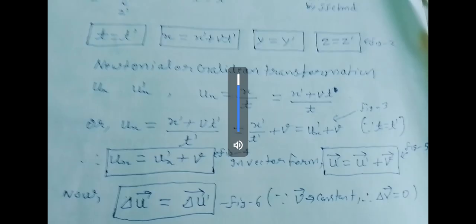So we can write u sub x equals u sub x dash plus v as given in figure 4, and this can be written in vector form as u vector equals u dash vector plus v vector.